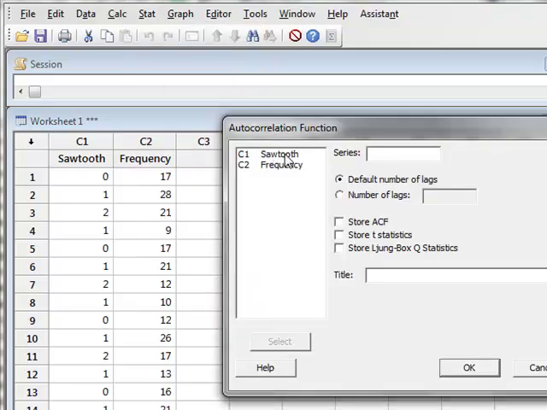We will select the sawtooth waveform and we will specify 10 lags within our analysis and then run the analysis.